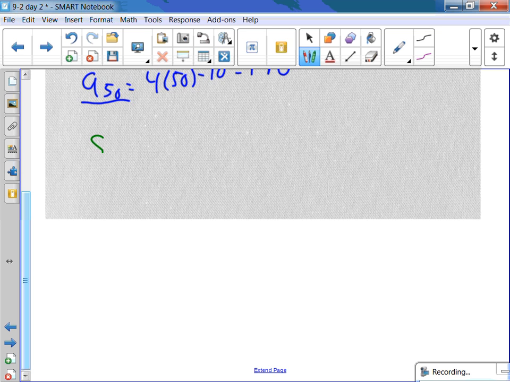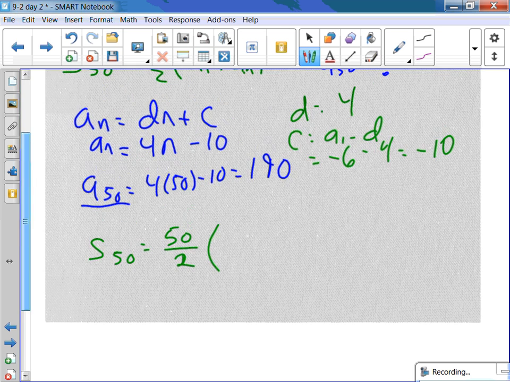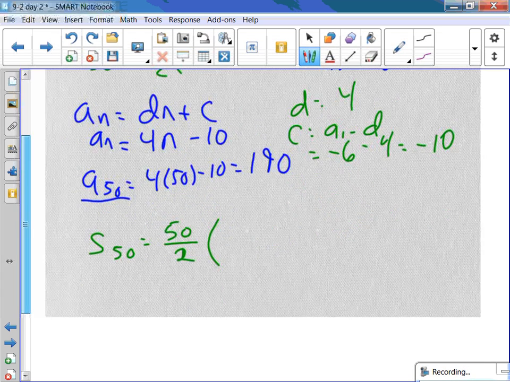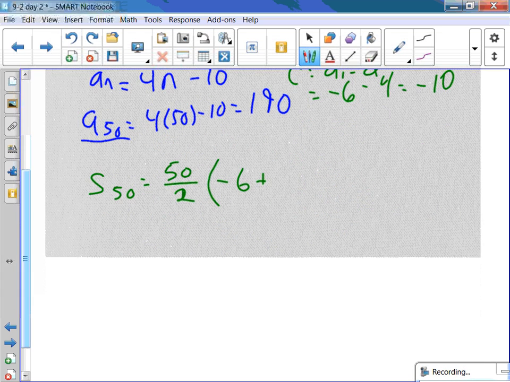So first we had n over 2, so 50 over 2. And our a sub 1, where'd it go? And our last term, 190. So here we have 190 over 2... so here we have our 25 times.